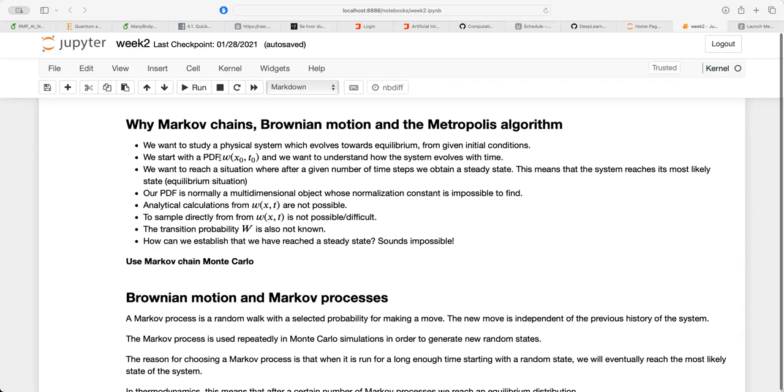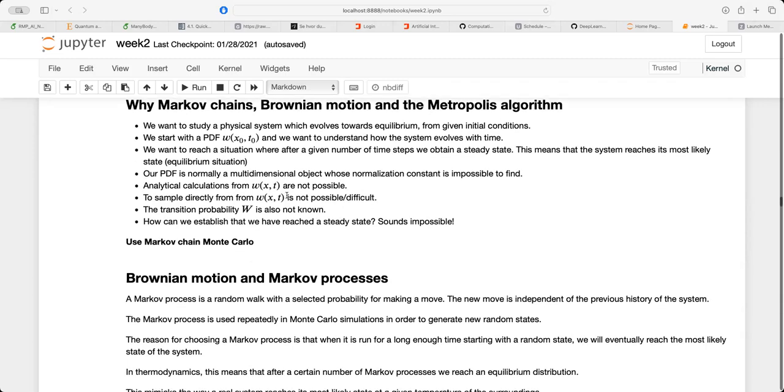So it means that we are going to have a model for the probability. So in the lectures here, I'm going to use W as a function for the probability or the state of the system. Then, as I said, this is normally a multidimensional animal. Analytical calculations are often difficult or even not possible. To sample directly is difficult, or sometimes it's even impossible.